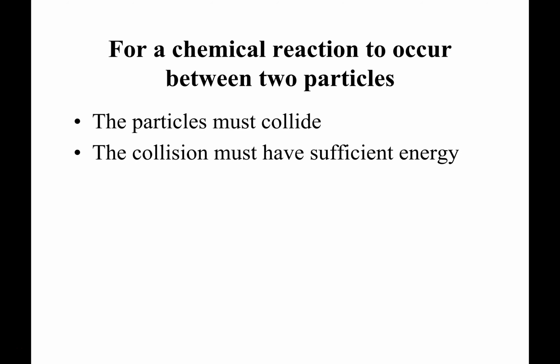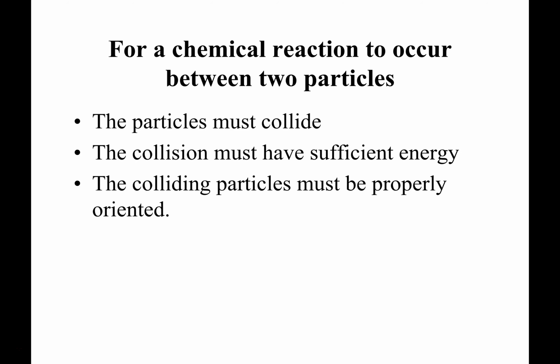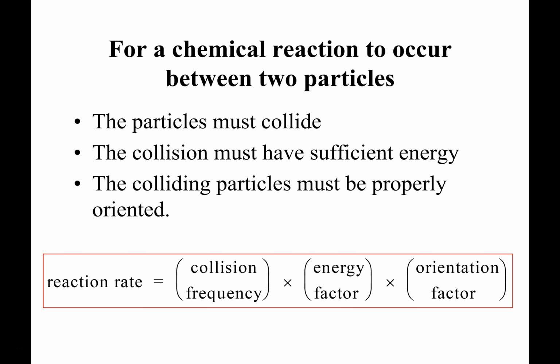Sometimes we talk about energy barriers. They need enough energy to proceed from reactants to products. Not only that, but the third factor is, they find each other and have sufficient energy, but they're not lined up right. It's surprising anything gets done.